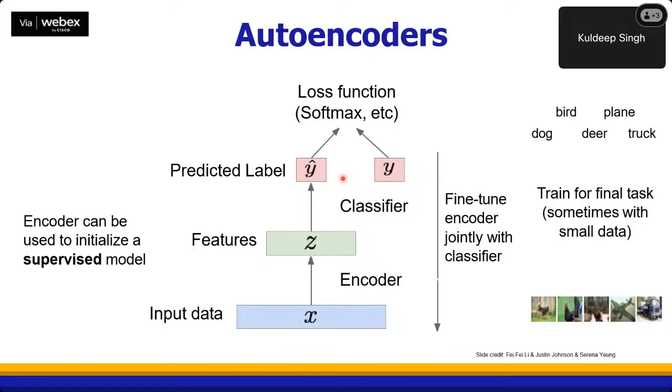So what we have seen here is that autoencoders are able to reconstruct data and learn features which can be further used for supervised models. And these features are able to capture the factors of variation in the training data.